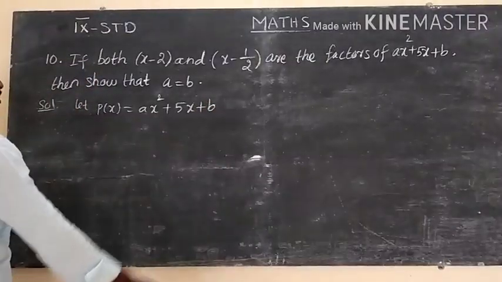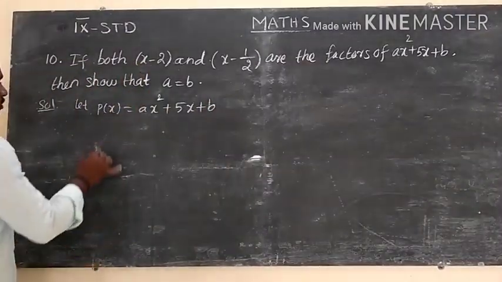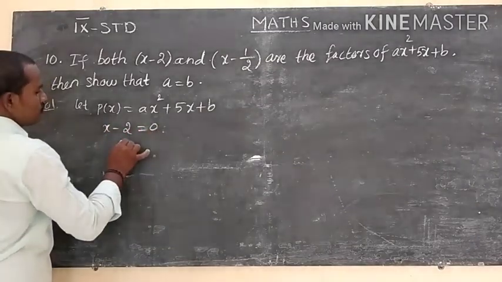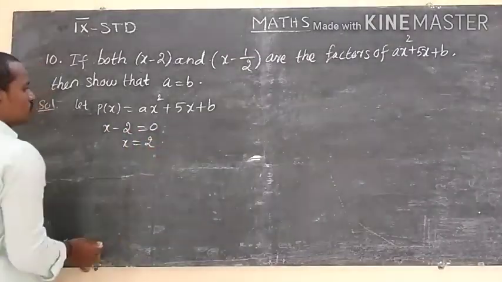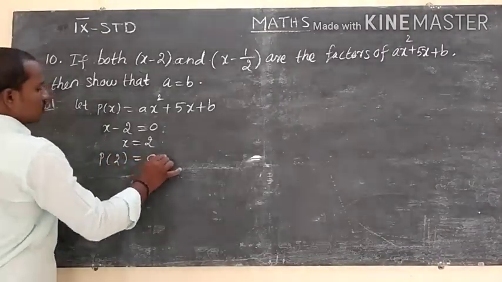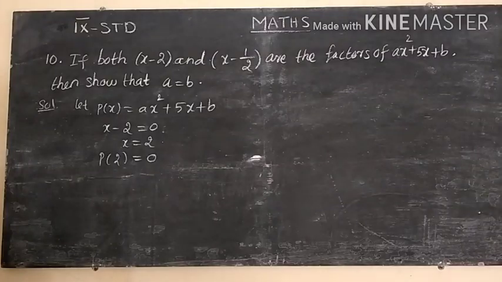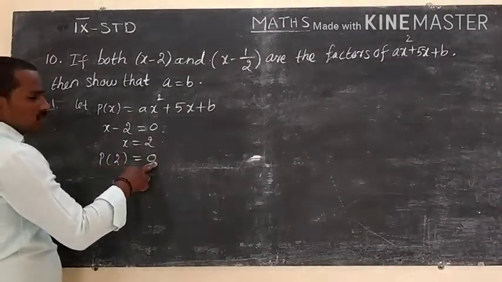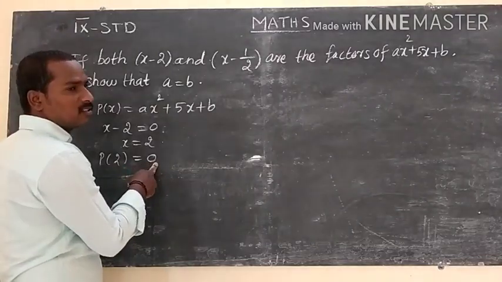First consider one factor. The factor is x minus 2 equal to 0, so x is equal to 2. That is p of 2 equal to 0. When x is equal to 2, the given polynomial is 0, that means the remainder is 0.